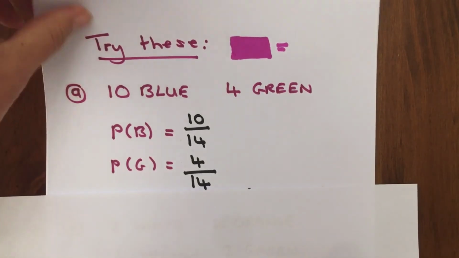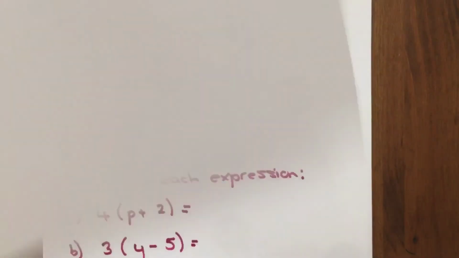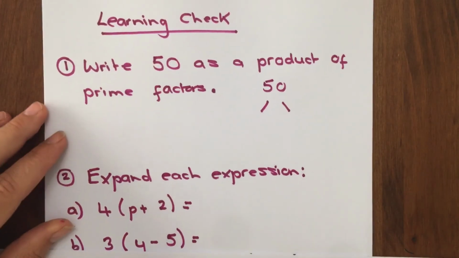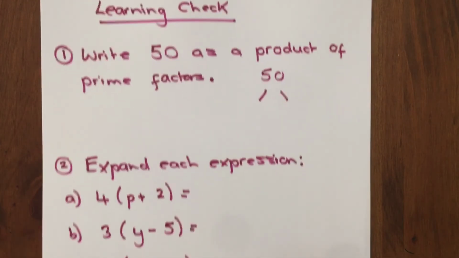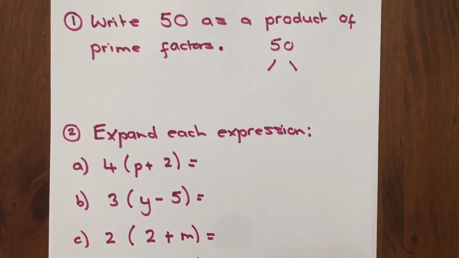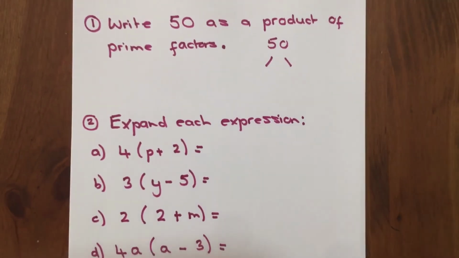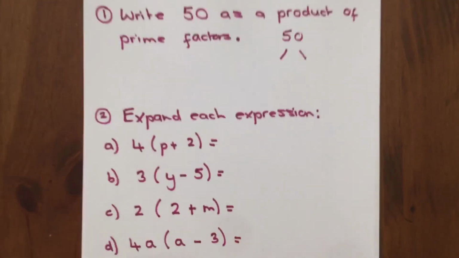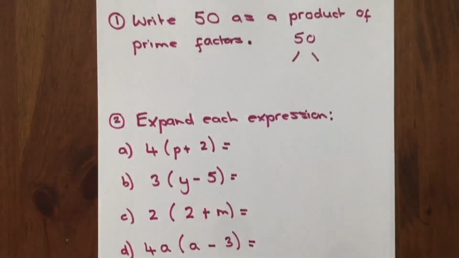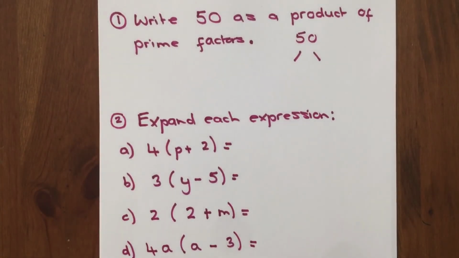Okay, that's the end of my video. Here is your learning check to answer. Now, it's difficult because I can't fit all of this onto one page. So you're going to have to scroll. Okay. So this is the first 2 questions.